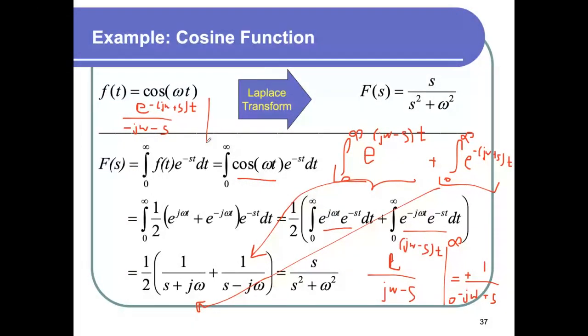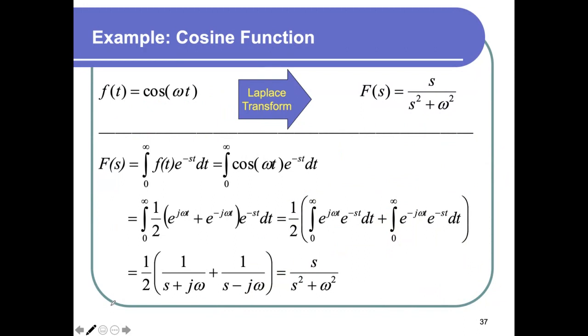Because I'm substituting 0 and infinity, when I go to the 0 part, I'll have a minus sign which will cancel this minus sign, and we'll have 1 over j omega plus s. Yes, yes, it's clear. I think I forgot the minus sign of the integral. Yeah, there are some steps skipped here, but it is correct. Thank you, Doctor. No problem.